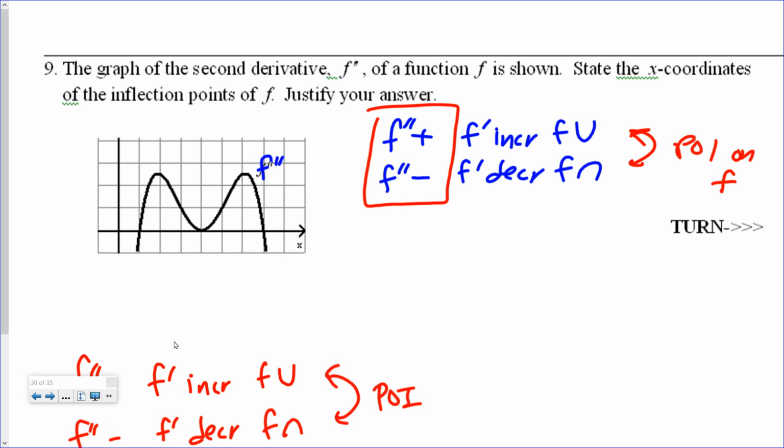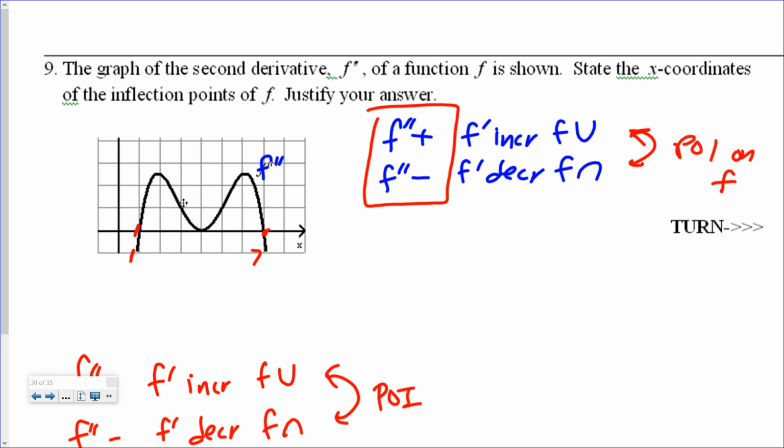Where on this graph of F double prime does that happen? x equals 1. Where else? 7. Does it happen here?